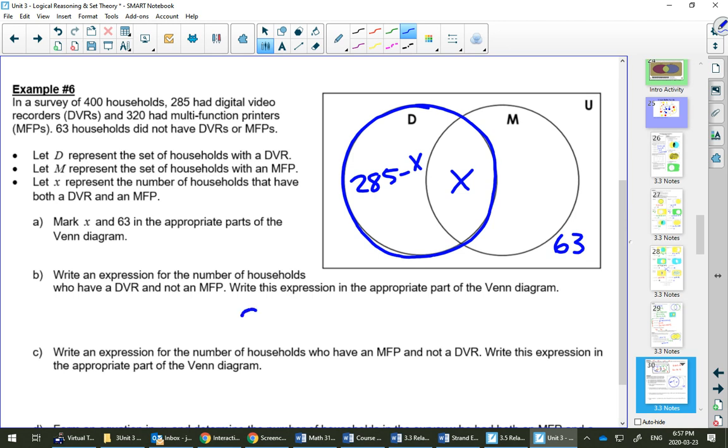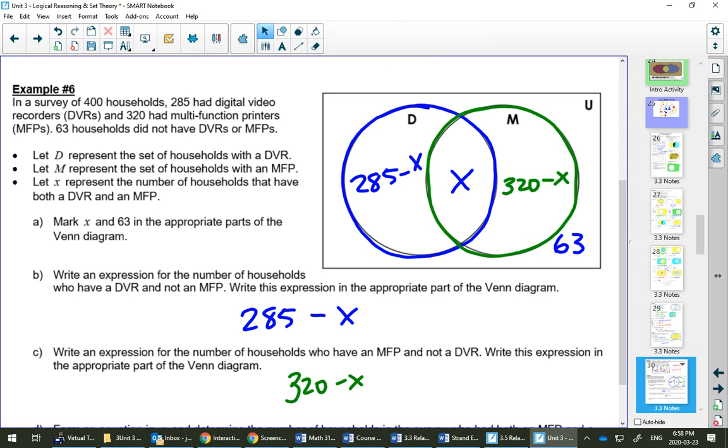So 285 minus X. For the multifunction printers, I know that 320 people have the multifunction printers. That would be the M circle. I don't know how many have both, so this is going to be 320 minus X.